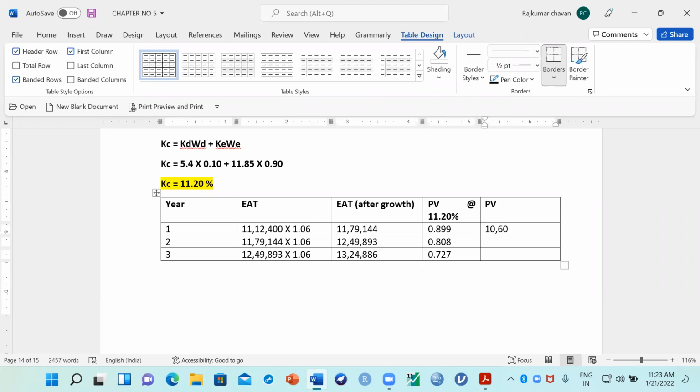$10,60,000. 381. Is it correct? 0.899. 10,60,000.